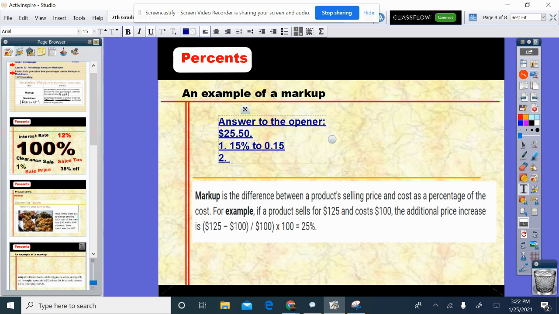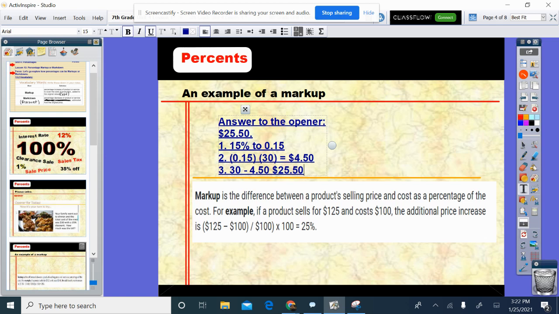Then we multiplied that decimal by the dollar amount of $30. That equaled $4.50. And then we subtracted $4.50 from $30 for the total of $25.50.